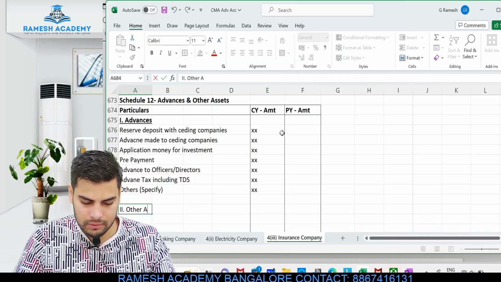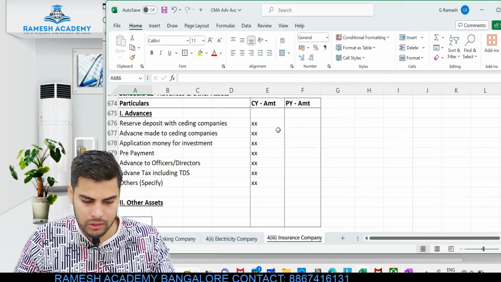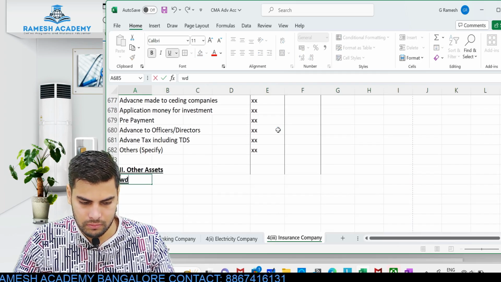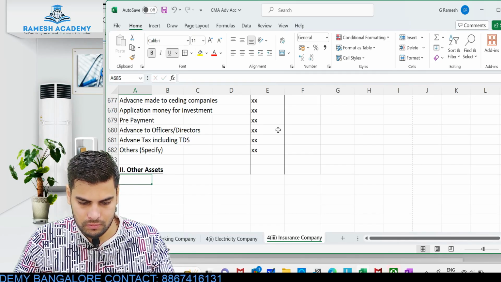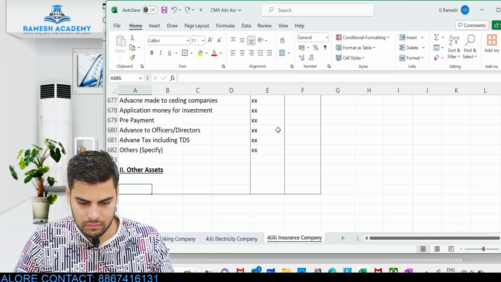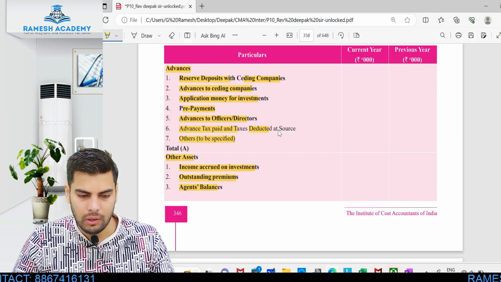Other assets. Now when it comes to other assets, we'll just be showing a list of all these items. Look at the other assets.